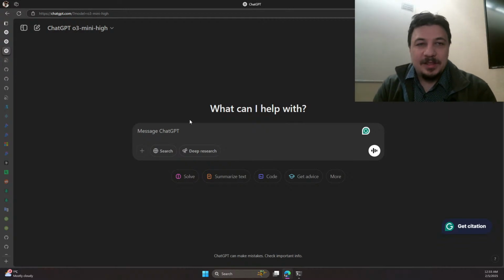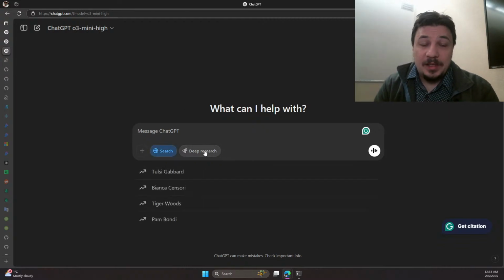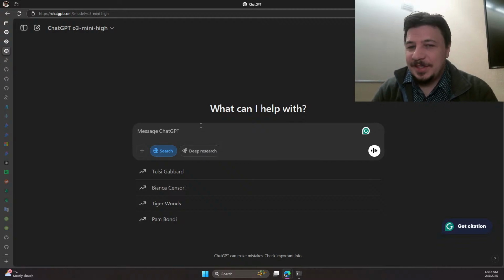So here it is. And we already used deep research, and I already maybe executed up to 10 deep research queries. It's working nice, but it struggles with some commands in different languages.